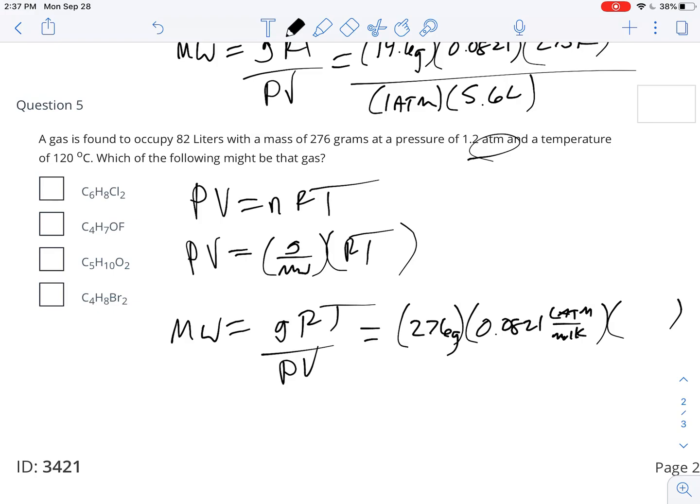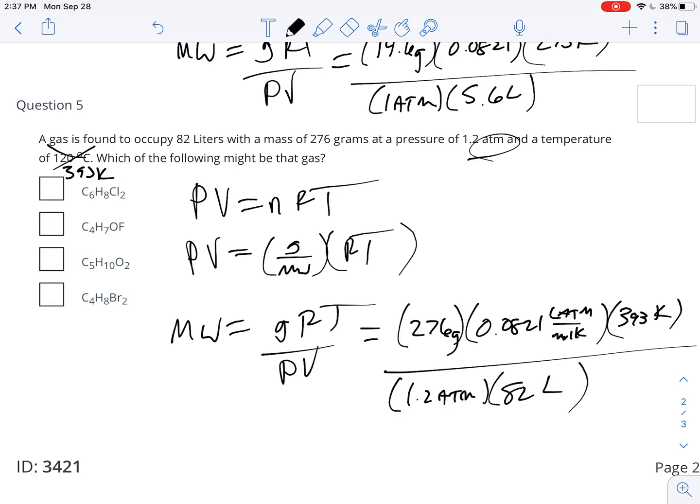I gave you that it was 120 degrees Celsius, so what's that going to be? 393 in Kelvin, because again, it's got to be in Kelvin. I told you that the pressure was 1.2 atmospheres, and I told you that the volume was 82 liters.